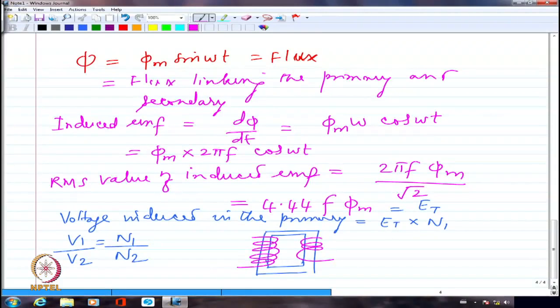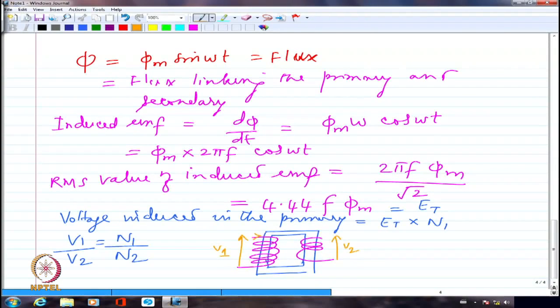And I'm applying a voltage of V1 here. I'm expecting that a voltage of V2 I should get here. Currently, the secondary side is left open.